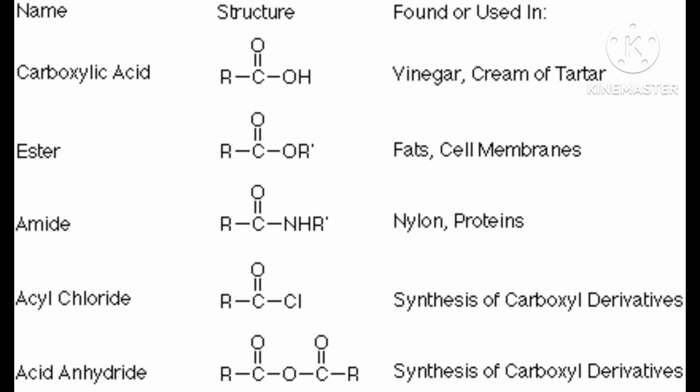Now here you can see acetophenone: CO is there, one side benzene, other side a methyl group attached. That's why the name is acetophenone: aceto due to the CH3, and phenone due to the phenyl group, the benzene ring.